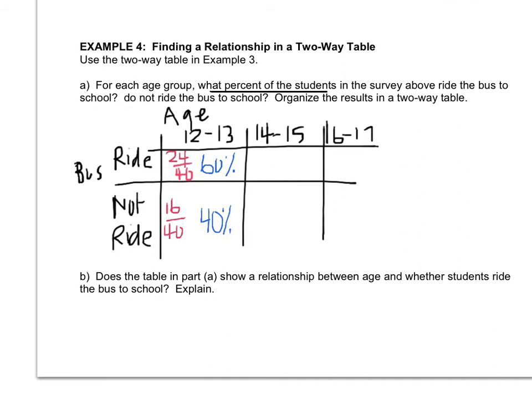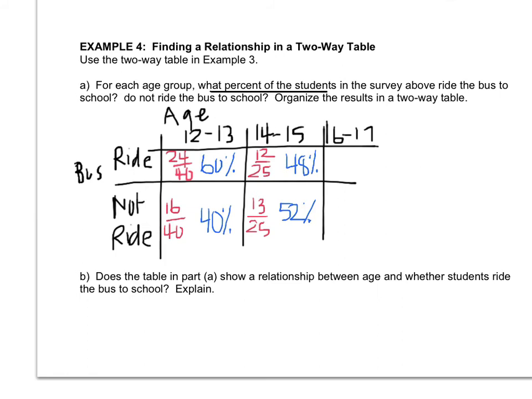How many people are 14 to 15? 25. How many people ride the bus? 12, which is 48%. Out of those 25 people, how many don't ride the bus? That's 13, which is 52%. And you should see that they add up to 100, which makes sense because we're representing all the people in that category.